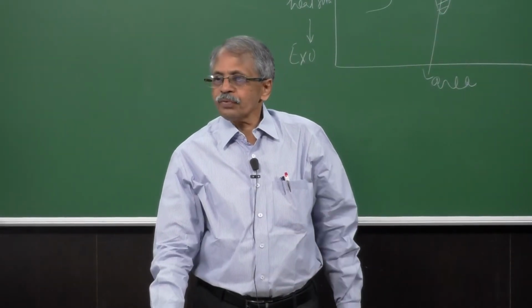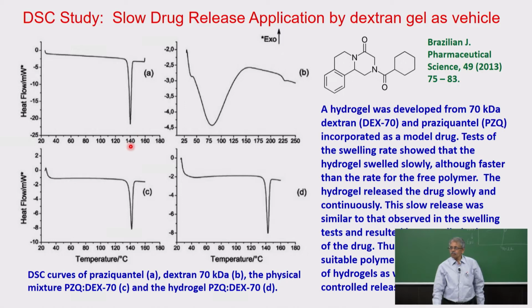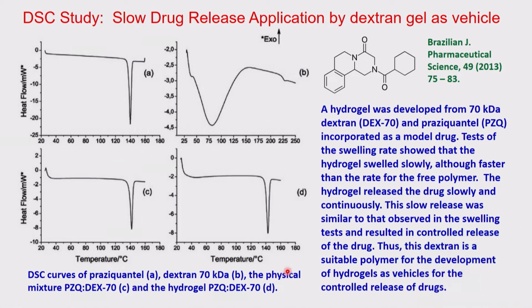Yes. If you take the pure drug, you have a very sharp DSC peak, around 140. And if you look at the simple dextran, the 70 kilodalton dextran, and you take a physical mixture of these two, you can see both nicely. Now you convert this dextran into its gel form, because that makes it easier for application.